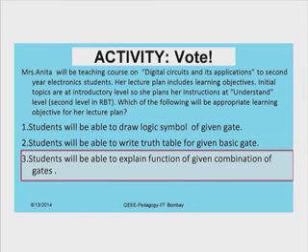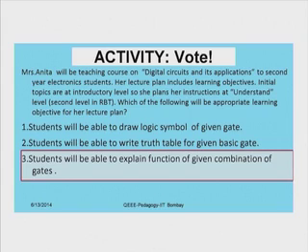In the third learning objective, they are supposed to explain the function of a given combination of gates. Now they have to understand the basic gates and how they function, then combine these gates and think how the output will be or how the entire combination will work. So the third learning objective is the appropriate one.